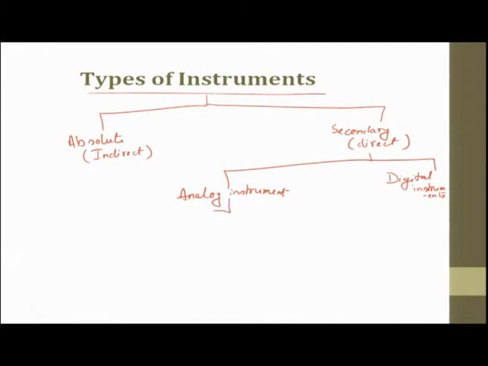Then this analog can be divided into two. One is called deflecting type, the other one is called null type, null deflection.